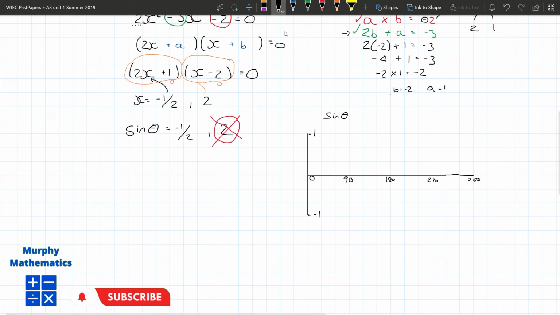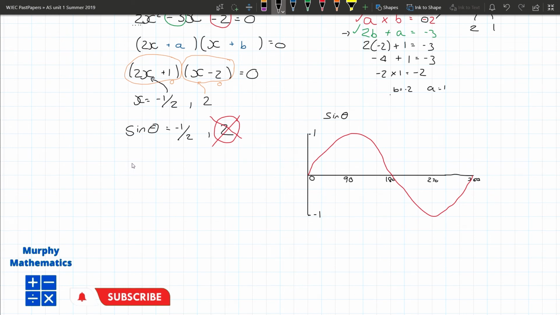Here we go, and so we can draw it. We know that it starts from the origin, peaks at 90, comes back down to 180, and then is at the greatest trough at 270, and then back up to 360. And that's just the sine graph, so that's sine theta. So we know we're not going to have sine theta equals 2, so that is not a solution.